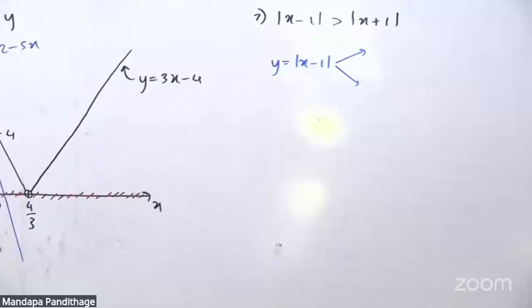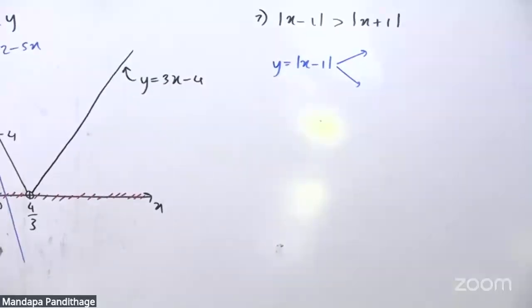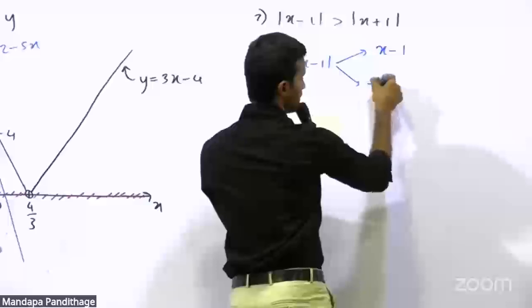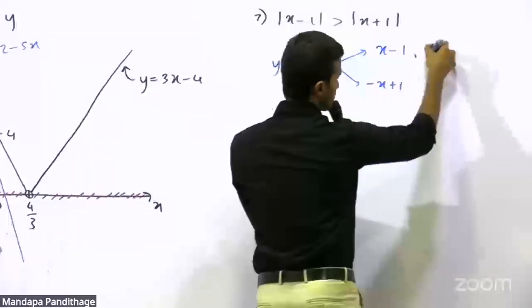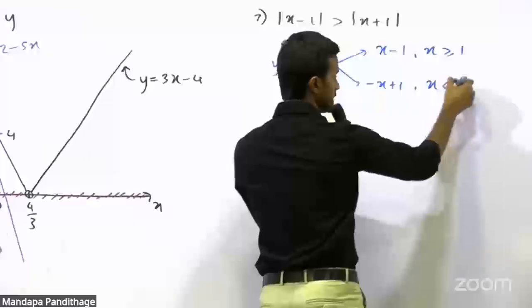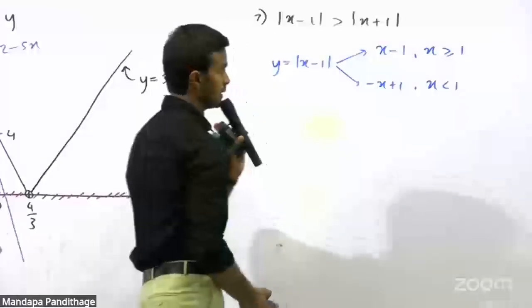It gives you x minus 1, and we have separately drawn these two, and minus x plus 1. So this is when x is greater than or equal to 1, and this is when x is less than 1.